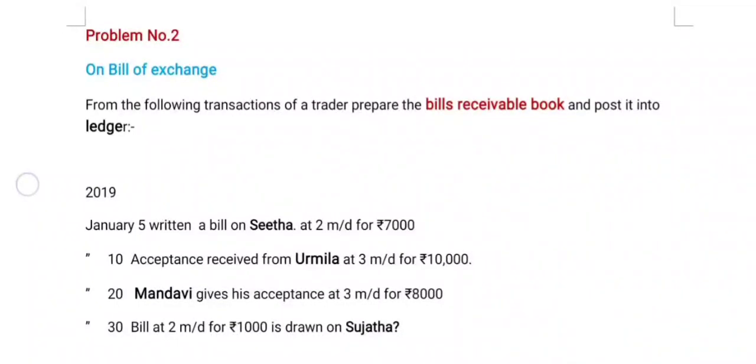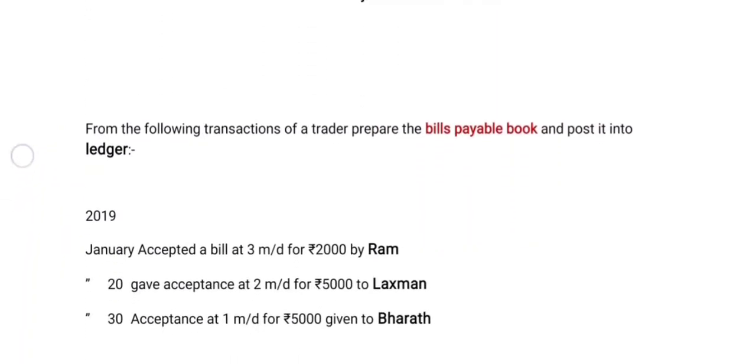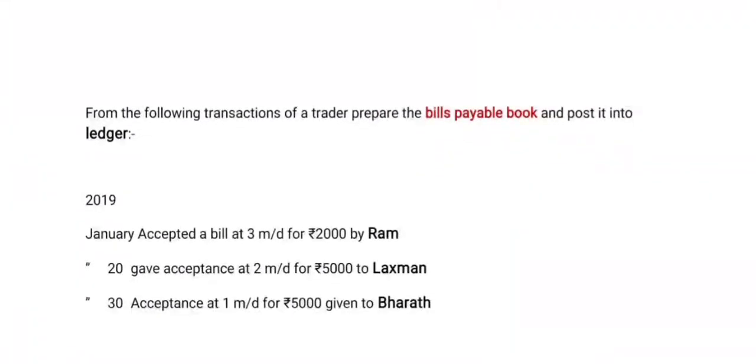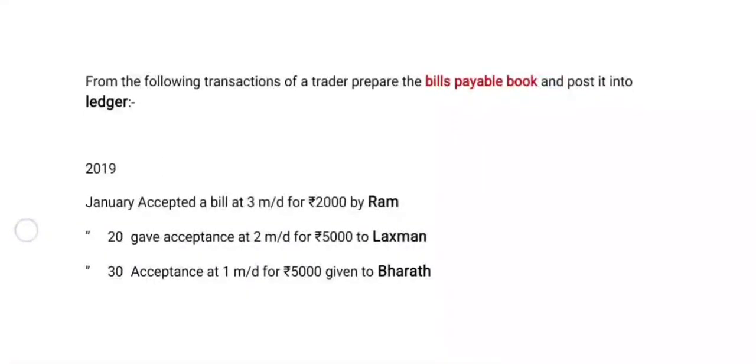Using these transactions we are preparing the bills receivable book, whereas some details given below are related to bills payable. Now coming to it: from the following transactions of a trader, prepare the bills payable book and post into ledger. It is also the same, 2019 January, accepted a bill at 3 months for rupees 2,000 by Ram.